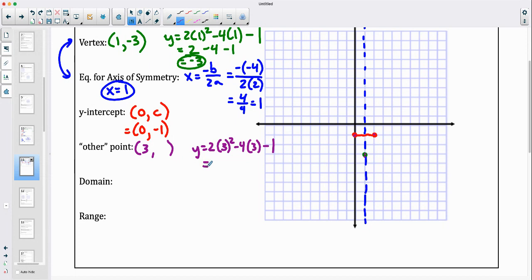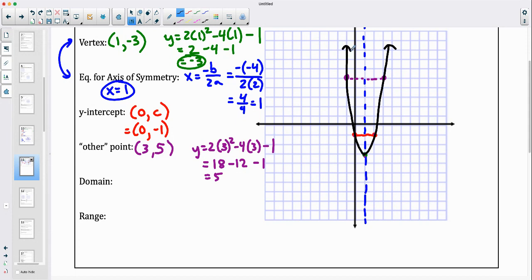So 3 squared is 9 times 2 is 18. Minus 12 minus 1. So that's 6 minus 1, so 5. If I plug in 3, I get 5. So I'm going to put a dot at 3, comma 5. That's 2 steps away from the line, so 2 more steps away, I'm going to have another 5. And now I have my 5th dot, so I can go and make my parabola from here.